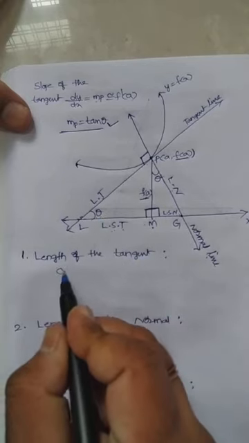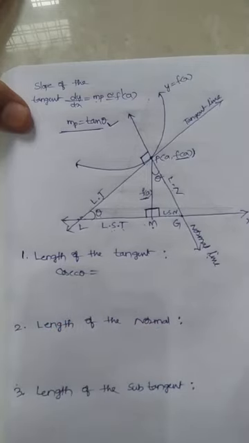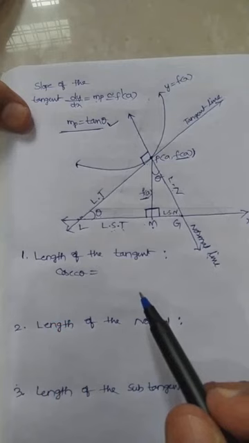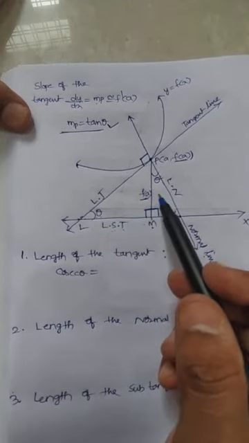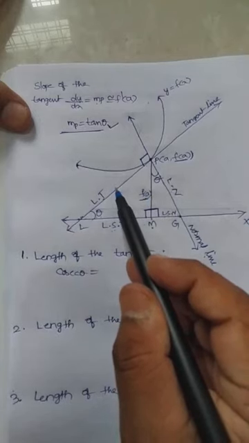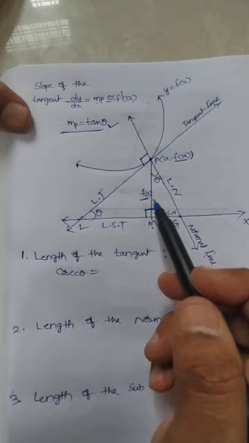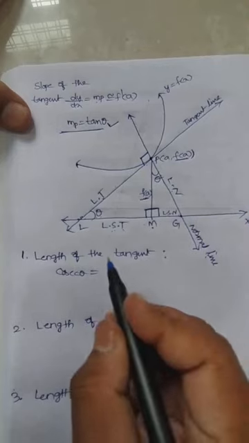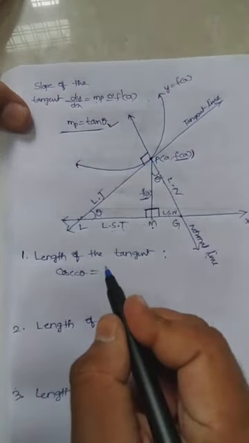So cosecant theta is hypotenuse by opposite side. What is our hypotenuse in this triangle? PL bar.